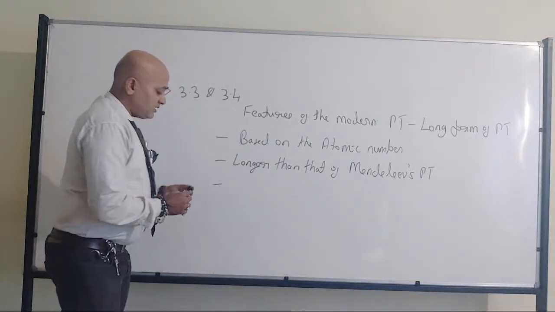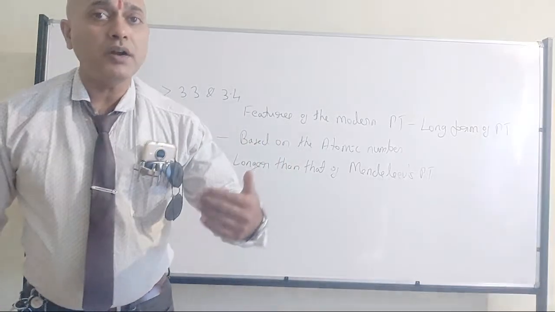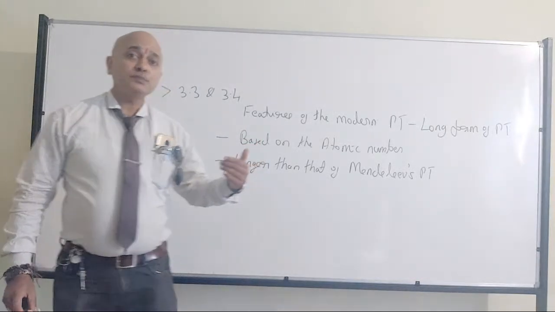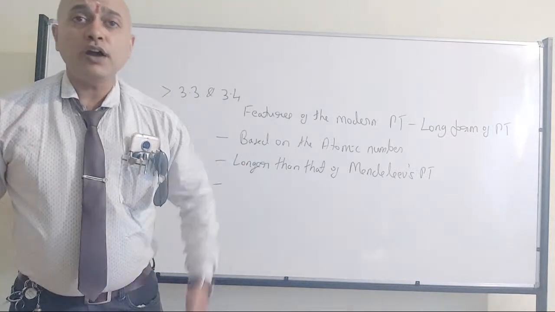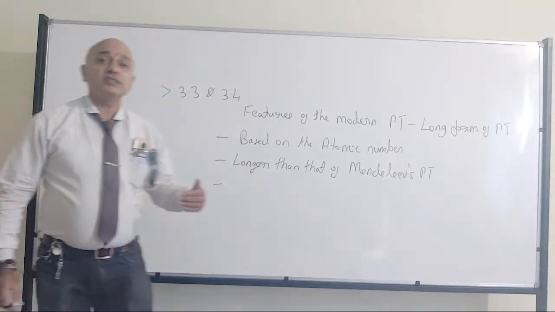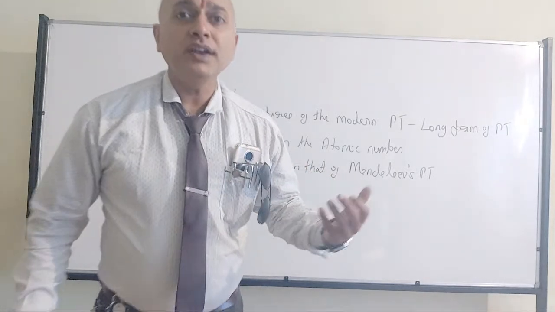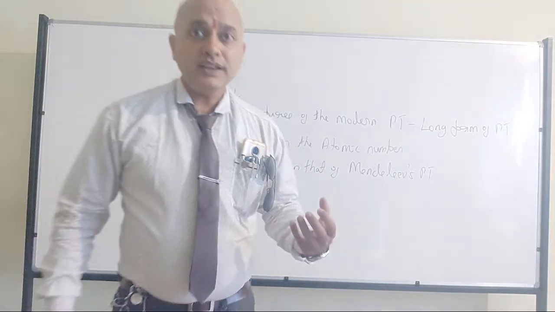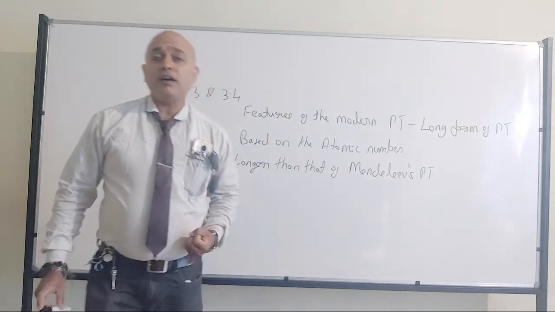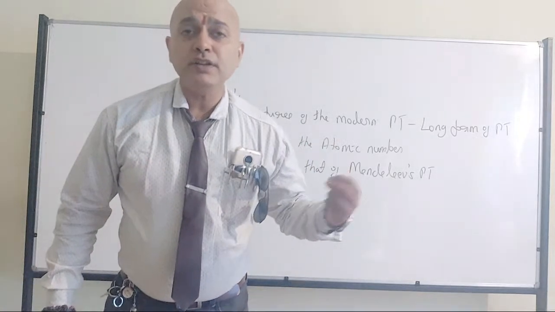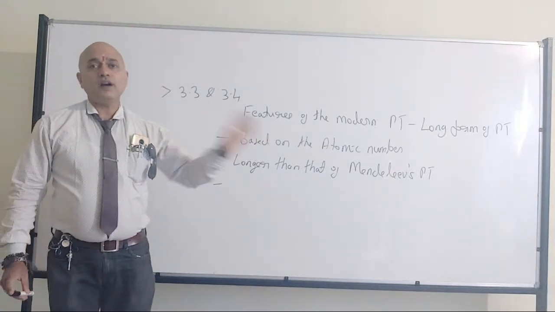Now, a very important difference between Mendeleev's and the modern periodic table is that Mendeleev's periodic table was based on atomic weight, but the modern periodic table is based on the atomic number. Or you can say that Mendeleev's periodic table followed Mendeleev's periodic law, but the modern periodic table follows the modern periodic law.